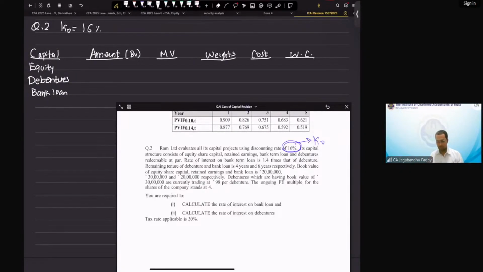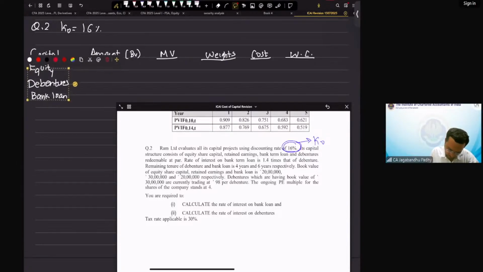Okay. So we have to calculate the amounts. The book values are given. The book values of equity share capital, retained earnings. Actually, we have got the retained earnings also, so I need to write over here the retained earnings also.